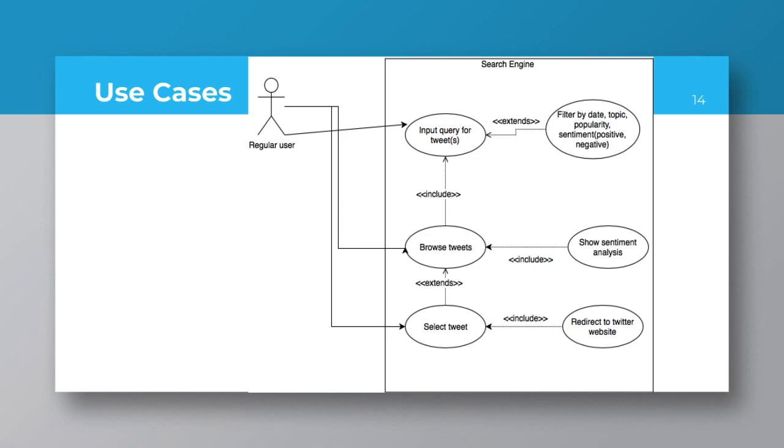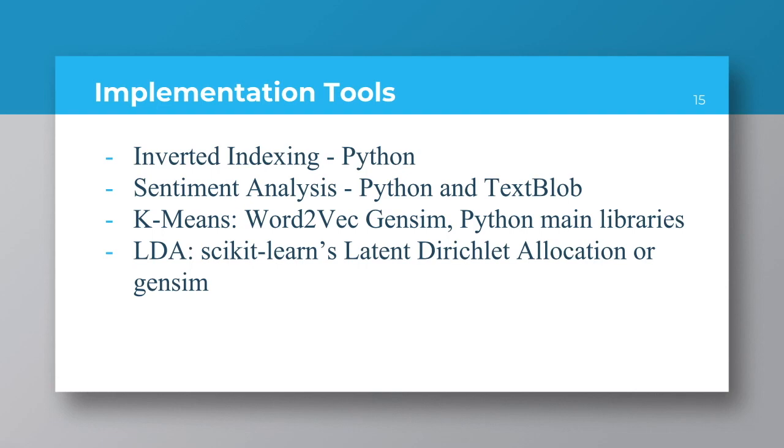Finally, for the implementation, we are using pre-existing tools. In the case of the inverted index, we are using Python and some libraries that will be really helpful for the indexing process. In the case of sentiment analysis, we are also using Python and TextBlob. In the case of k-means, we are using word2vec, which is a library that permits us to vectorize the content of the words.